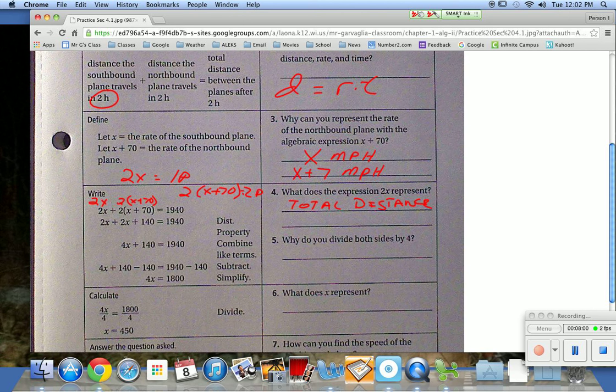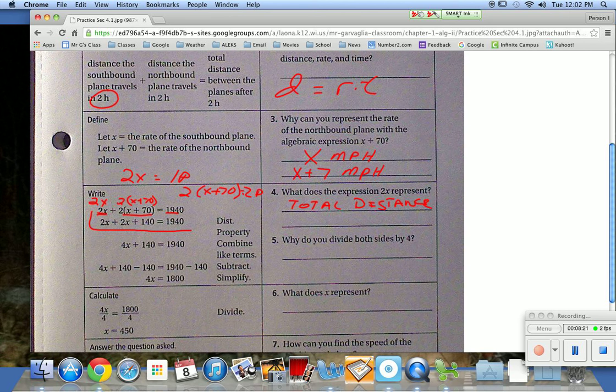Why do we divide both sides by 4? In other words, take a look here. What did we do here? We took the original equation. This is the distance of one plus the distance of the other is going to equal this distance.